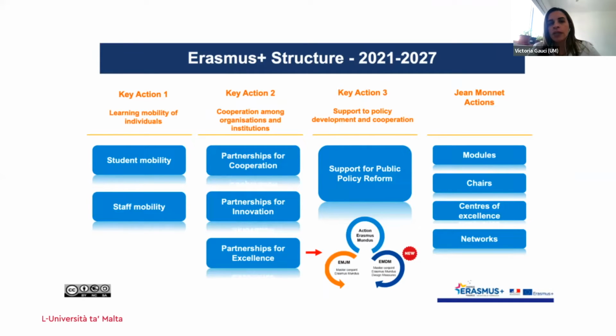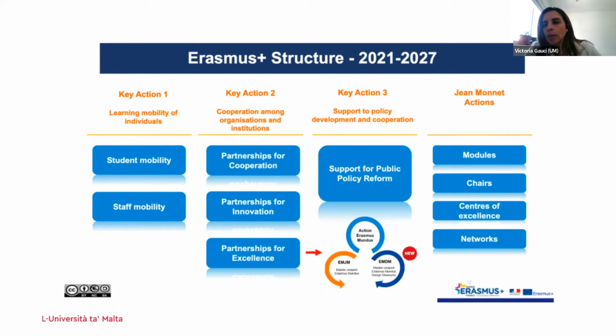I introduced this slide to present the fact that basically Erasmus is an umbrella program, which incorporates within it key actions 2, 3, and also Jean Monnet actions, which are different types of projects which do not necessarily include individual mobilities, but are more of a project format.